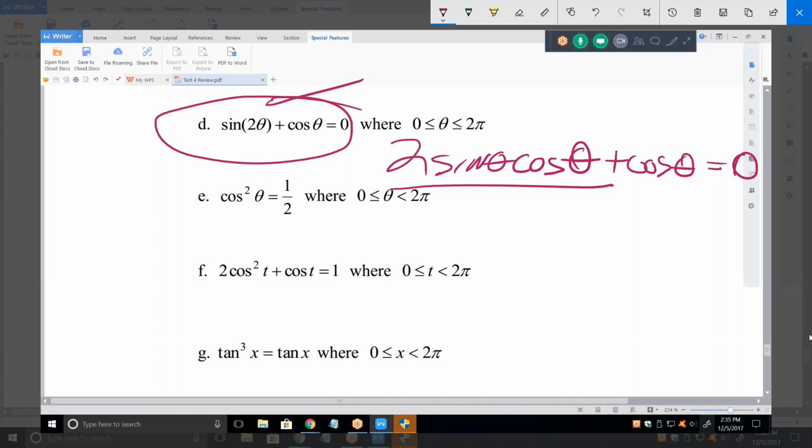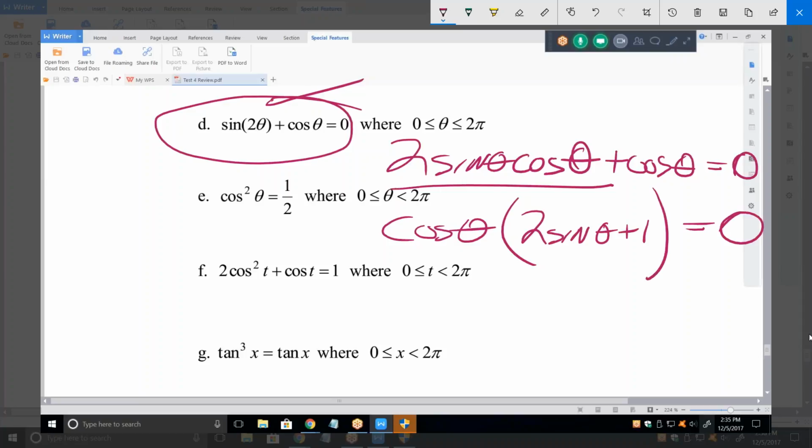Trig ultimately comes down to algebra. You got to know the underlying algebra. Factor out a cosine. Okay. What's left? 2 sine theta plus 1. Now, solve it algebraically. What has to be true?